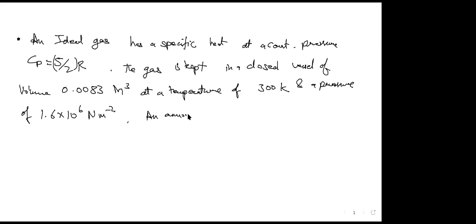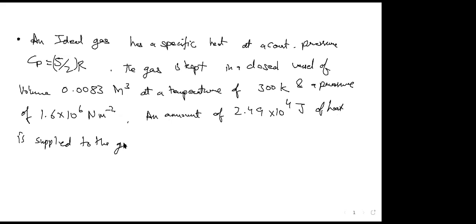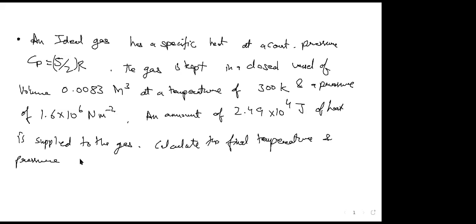An amount of 2.49 into 10 to the power 4 joules of heat is supplied to the gas. Calculate the final temperature and pressure of the gas.